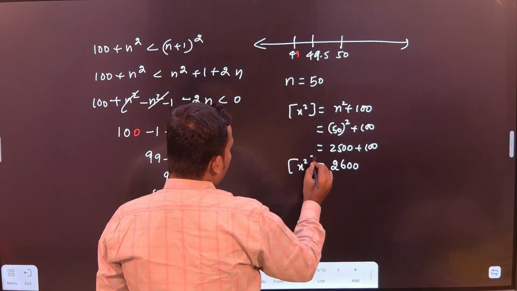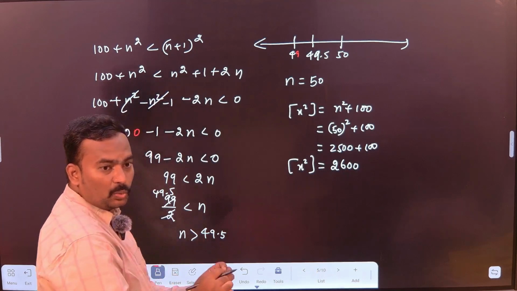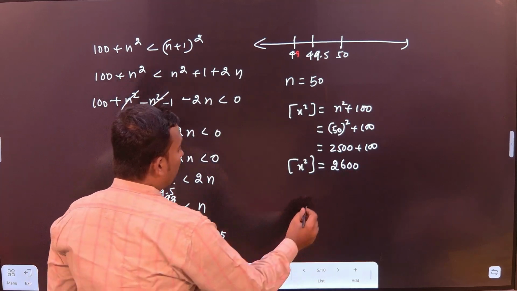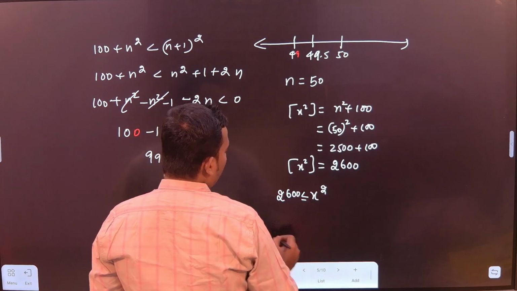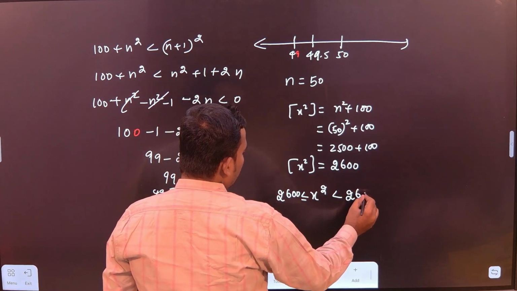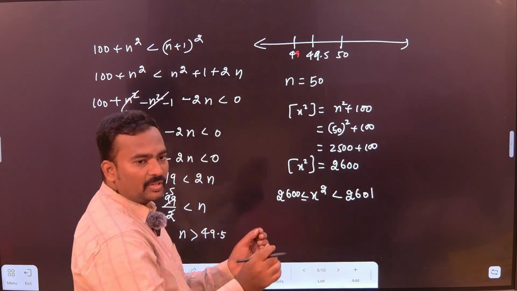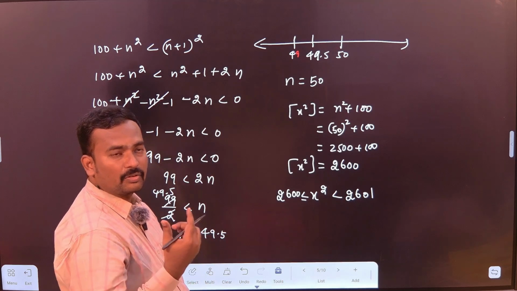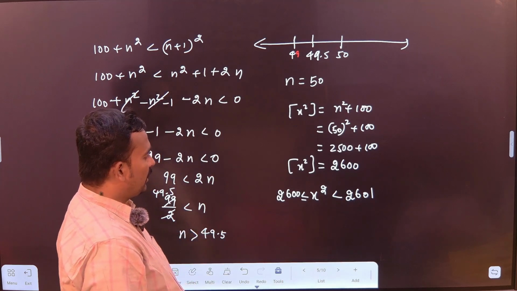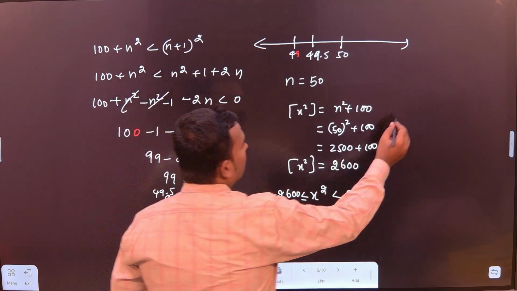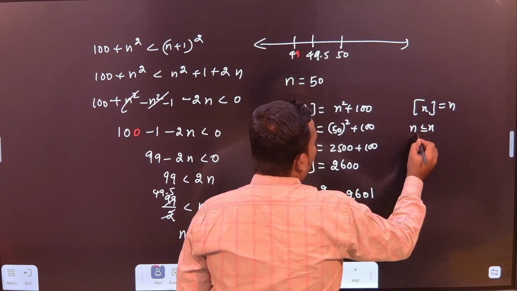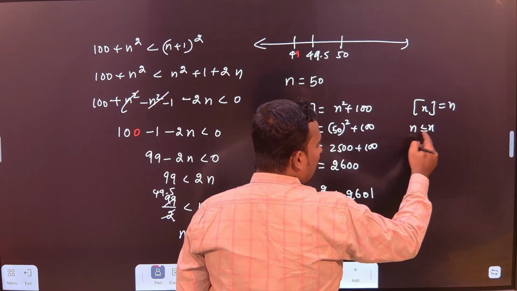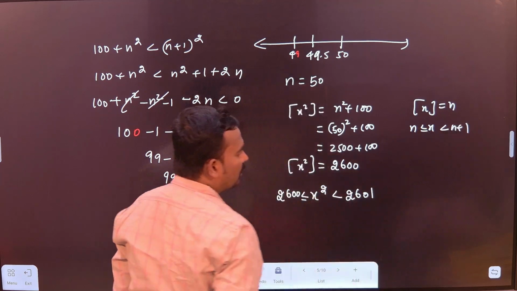The greatest integer function of x square is 2600. That means x square will fall in 2600 to 2601. You already know the definition of the greatest integer function of x, right? Greatest integer function equal to n means x will fall from n to n plus 1.